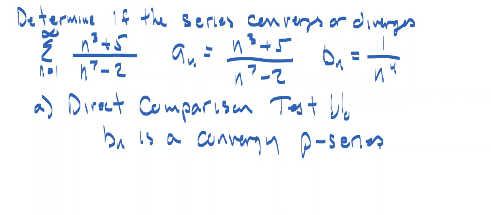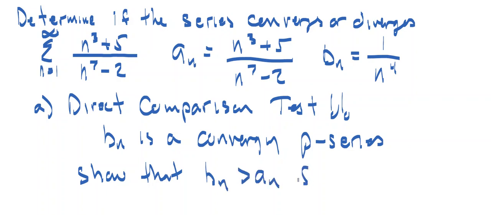And since b sub n is a converging p-series, we want to show that b sub n is greater than a sub n for all n.